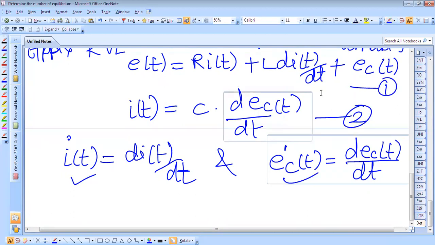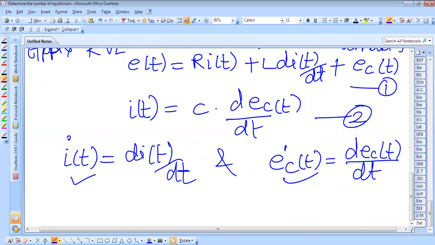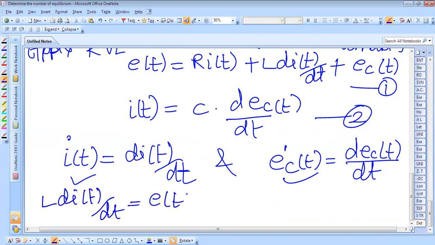So di(t) by dt is equal to i dash of t. We can write L into di(t) by dt is equal to e(t) minus R into i(t) minus ec(t).